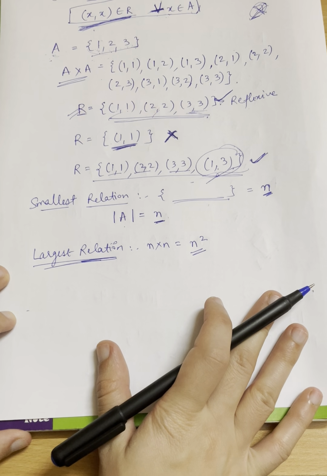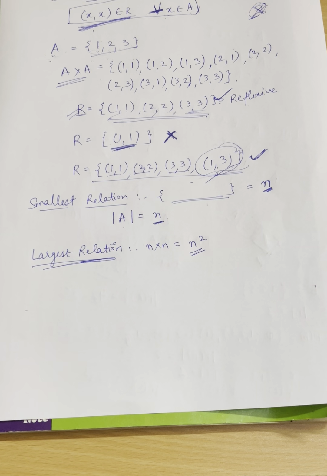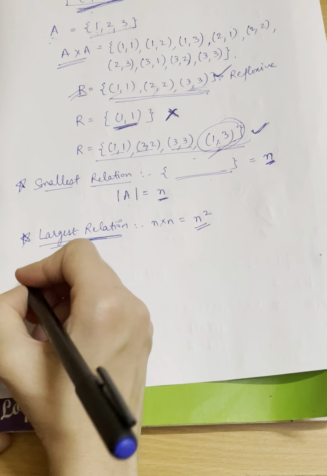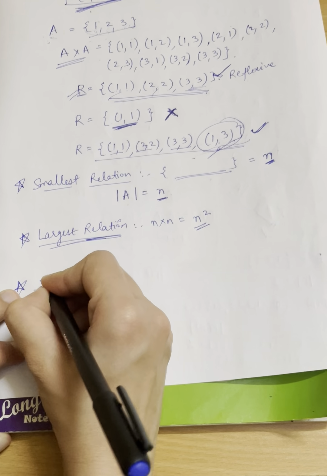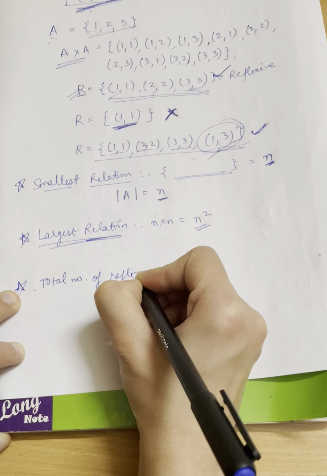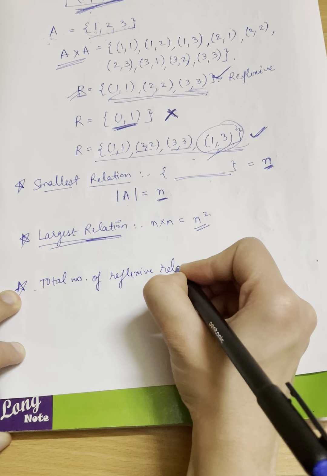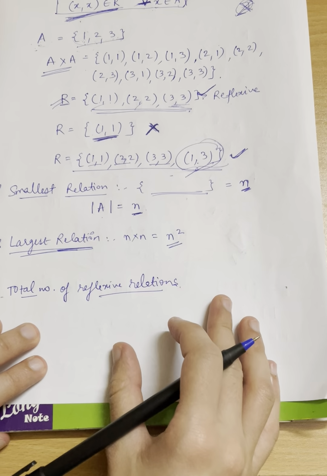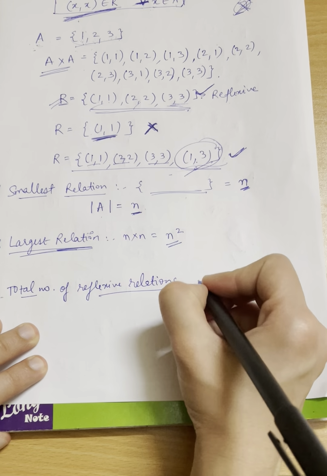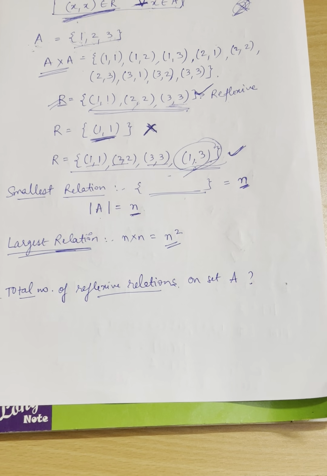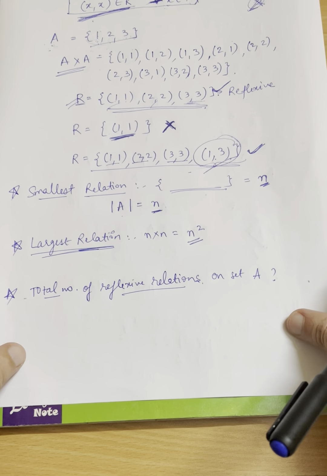The last question on reflexive relations is the total number of reflexive relations on set A.